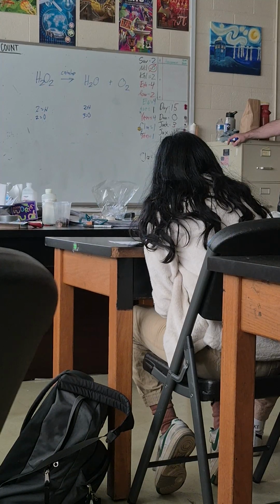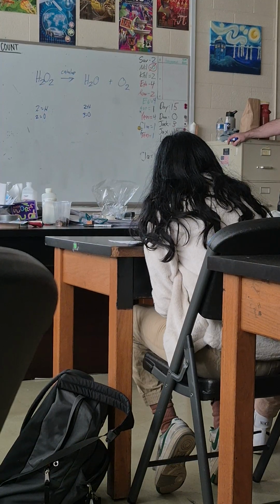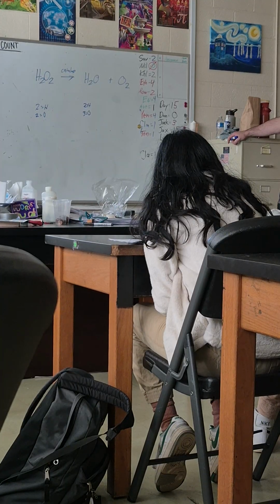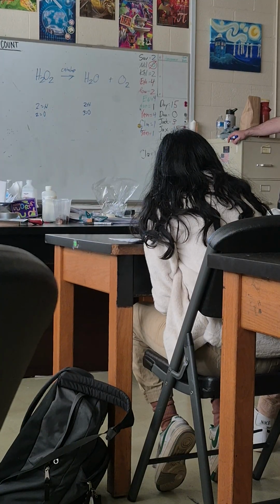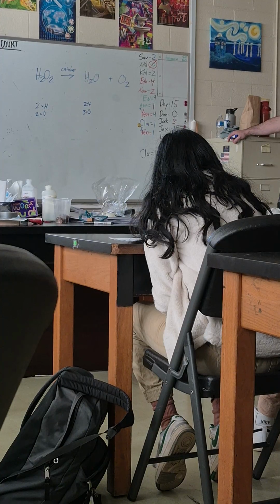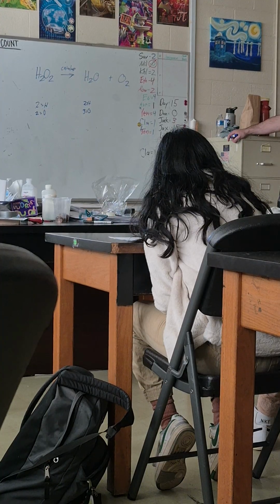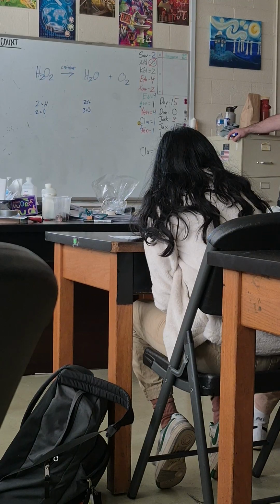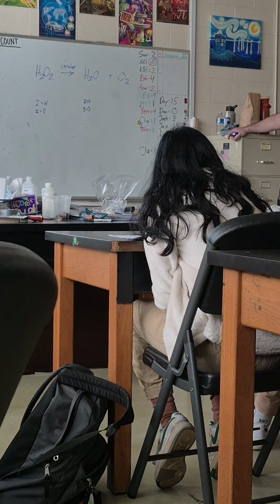What doesn't match? Yeah, so we could do this a few different ways. We can do this step by step, okay? But our O's do not match. Which side has less O's? Yeah, so we need more O's there.